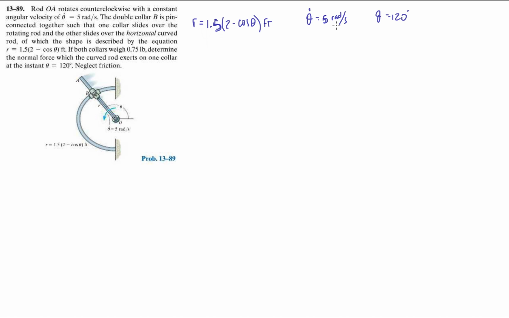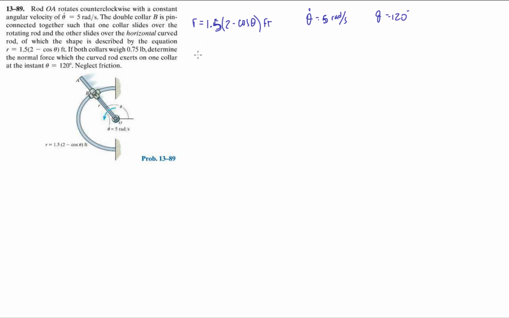Make sure you're using the correct unit. Either convert 120 to radians right away, or just go back and forth in your calculator. Just be aware that you have radians and you have degrees. You have to switch your calculator to mode rad or mode deg.